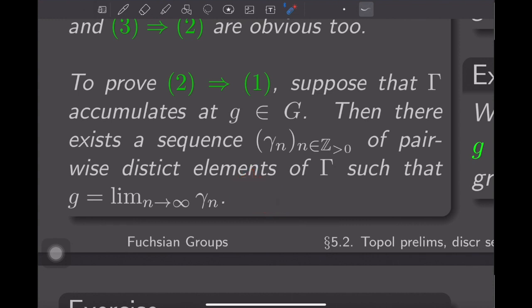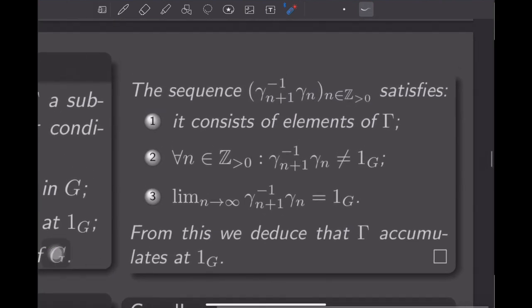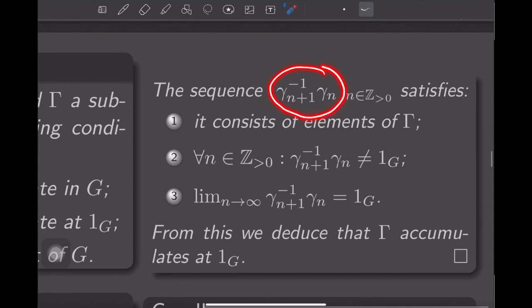Because for accumulation purposes, one can just take the sequence to be of pairwise distinct elements. And if one considers that element, of course that element is not the identity because gamma n and gamma n plus 1 are different. So none of them is the identity.